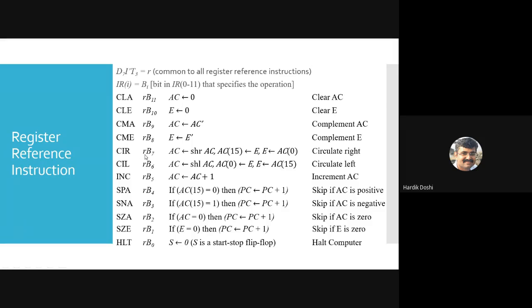For CIR, you need to explain that CIR is used to circulate right AC and E flip-flop, and the RTL for the same, that is RB7. Similarly, it can be asked for 3 marks, 4 marks, 6 marks. We can ask 8 instructions even.